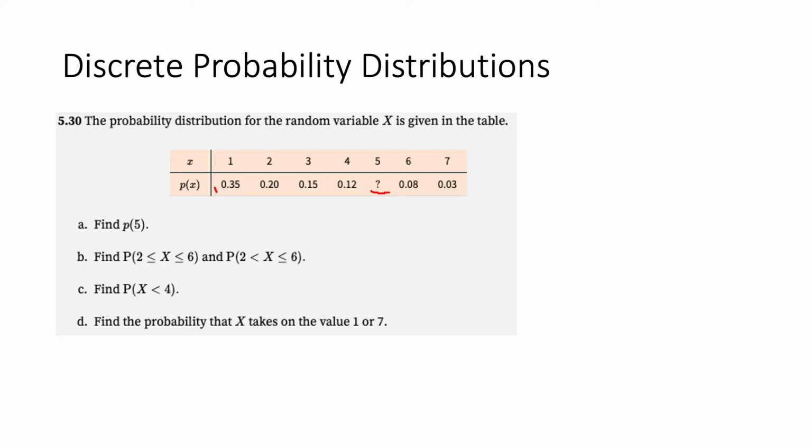So what we can do to find our little question mark is sum all of these values here, and subtract them from 1 to get our remainder. And that is going to give us our value of 0.07. Now, you can probably free up a little bit of space here and put that value right in as we're going to need it.